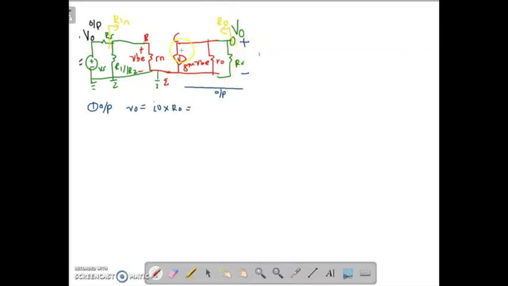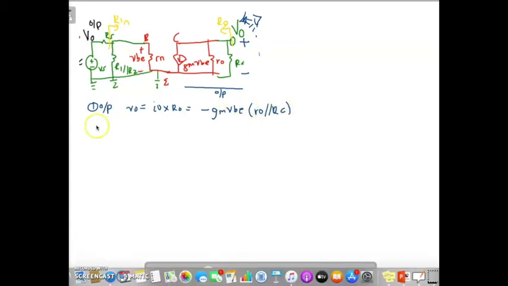Your current will flow from here, but your current source here is in the opposite direction, so your current will have a minus: minus GM VBE. Looking from here, what is the value of your R out? Both are in parallel: R out parallel to RC. So this is the derivation of your output.